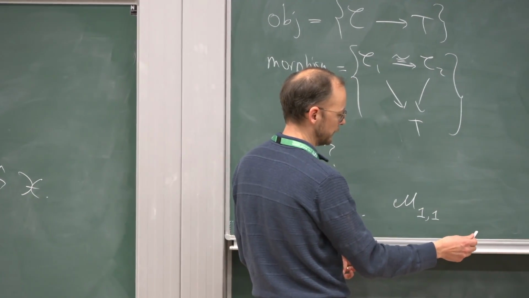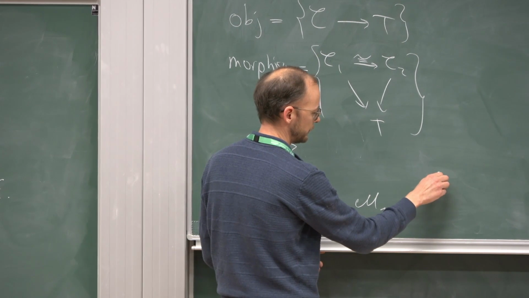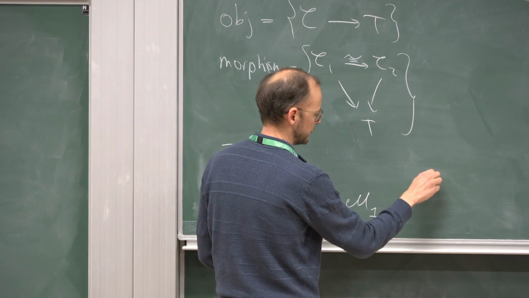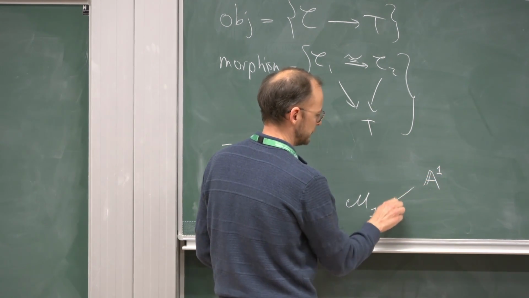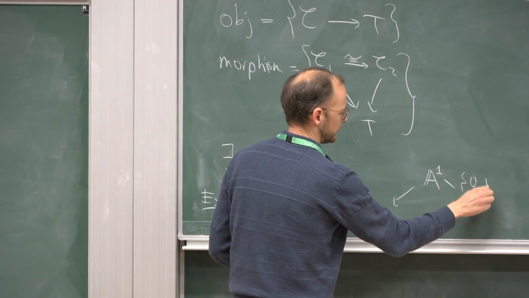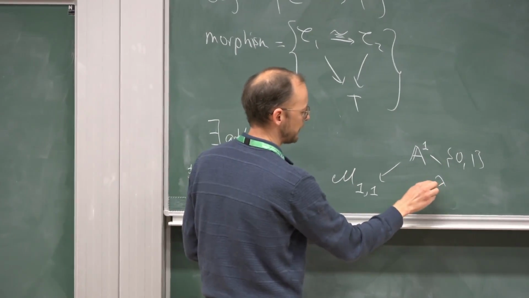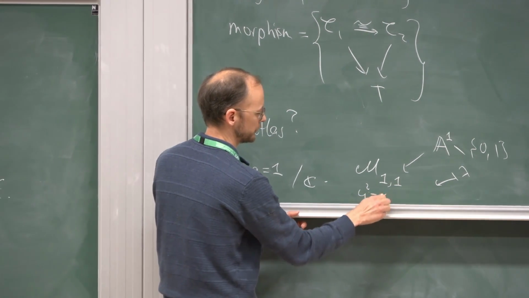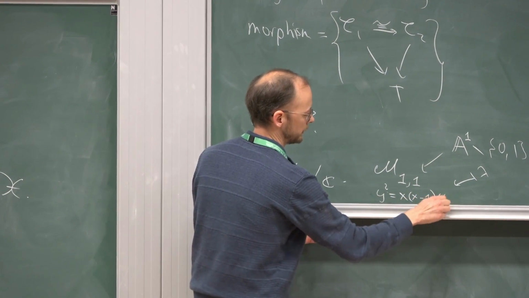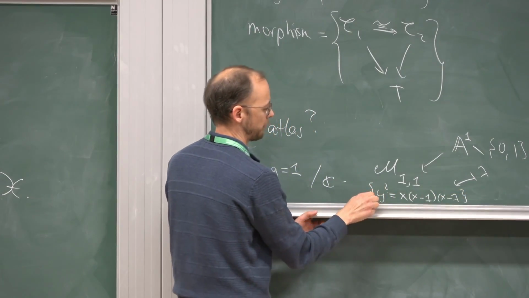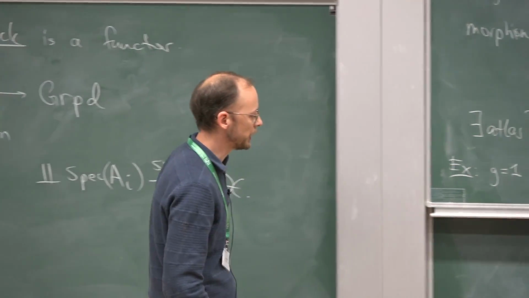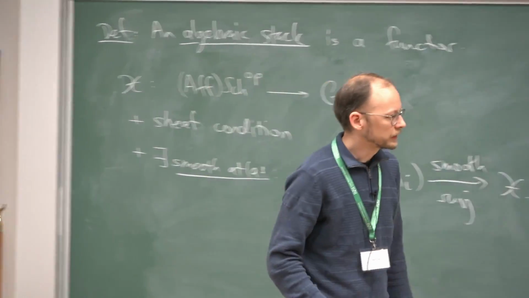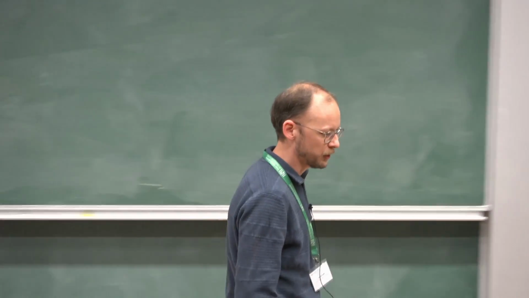So that gives me a map from the complex numbers minus 0, 1, where I take some lambda and send it to the curve given by y squared equals x times (x minus 1) times (x minus lambda). So this is going to be a smooth atlas in the case of elliptic curves. Okay, so these are an example of an algebraic stack.